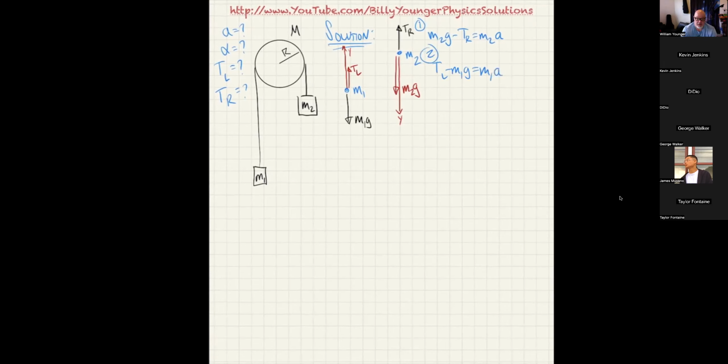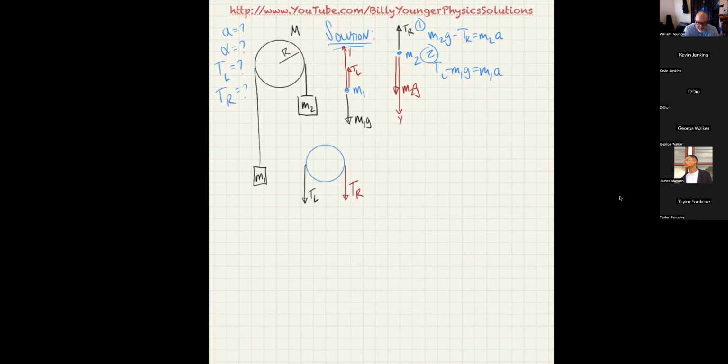Now I have 2 equations. Notice I have 4 unknowns, so technically you'll need 4 equations. The free body diagram for the pulley is actually not too terribly bad. I've already decided that the right-hand side moving down is the positive direction, so I'm going to consider the torque on the right-hand side the positive direction. Right here is a tension T right, and right here is a tension T left.